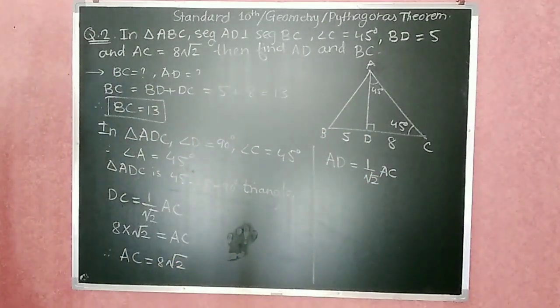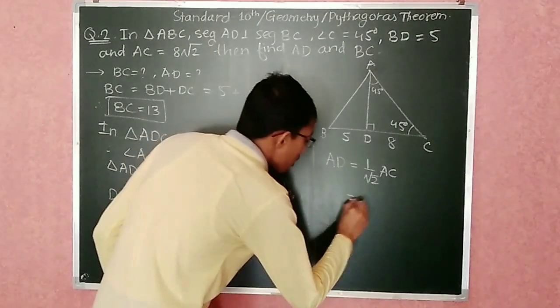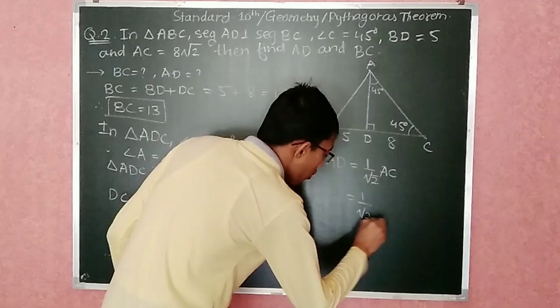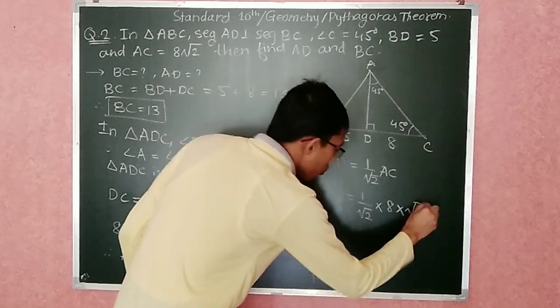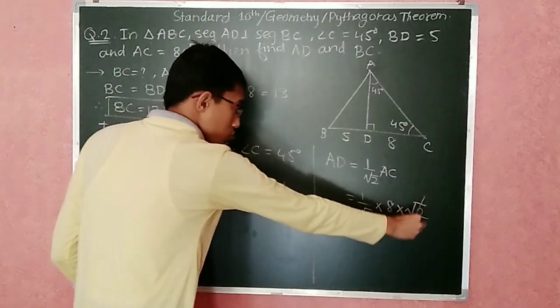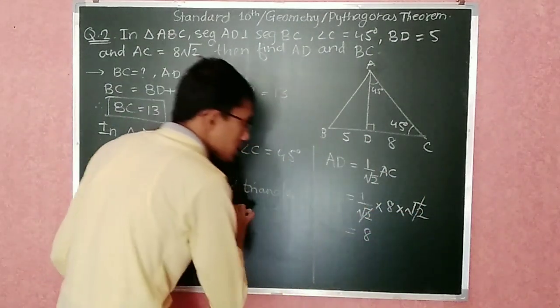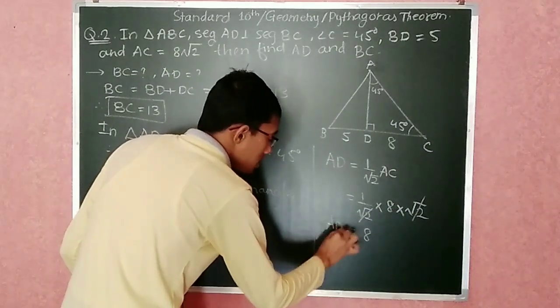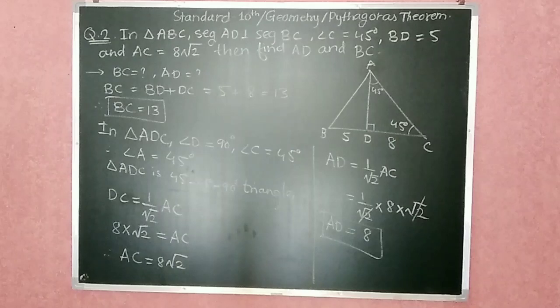Now we have the value of AC, that is 8 root 2. So 1 upon root 2 into 8 root 2. Root 2 and root 2 get cancelled, we get 8. So the value of AD is 8, and this is the required answer.